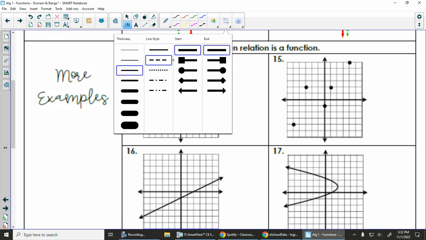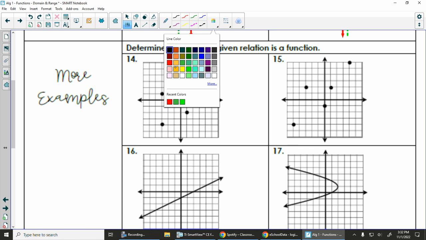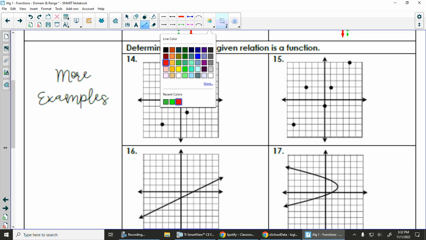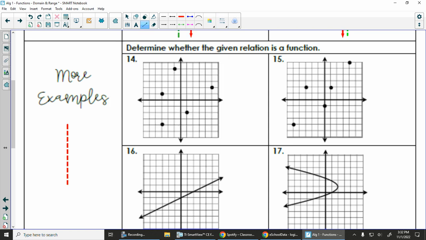And I like to have an actual line in front of me so I can see it. I'm going to make it red so it's nice and visible. Whoops, that's not a vertical line. Hold on. There we go.